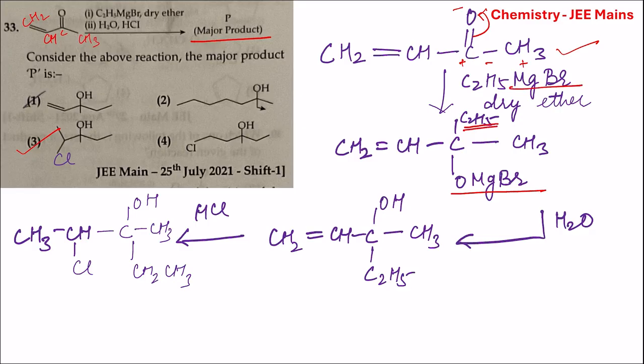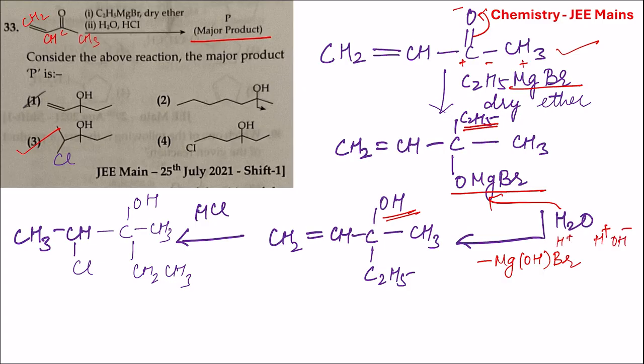Now on hydrolysis, OMgBr changes to OH and MgOHBr is the leaving compound. H2O breaks into H plus and OH minus ions, and this hydrolysis takes place in the presence of H plus ions.